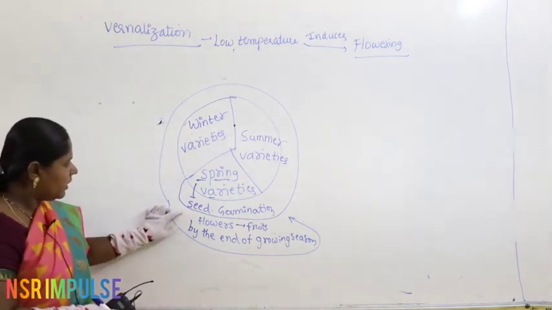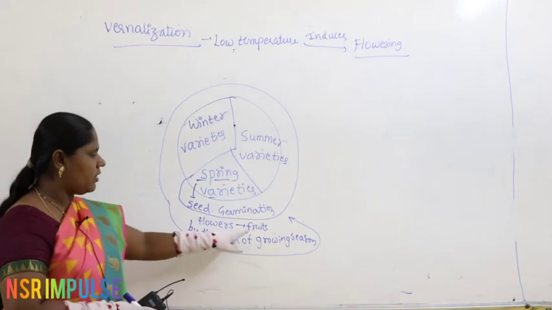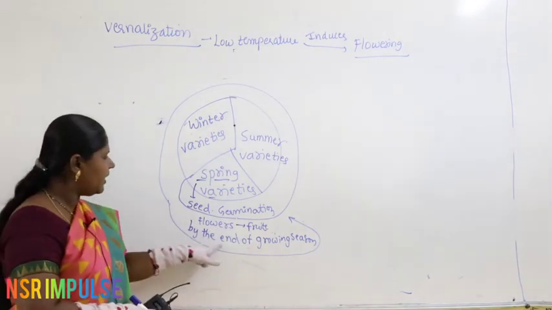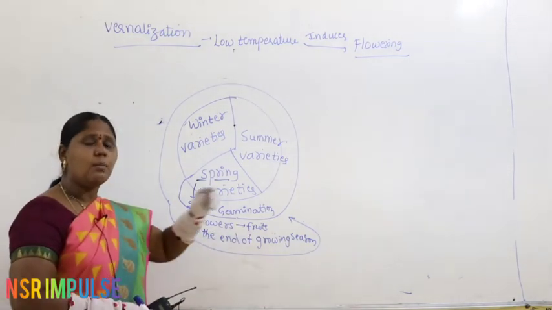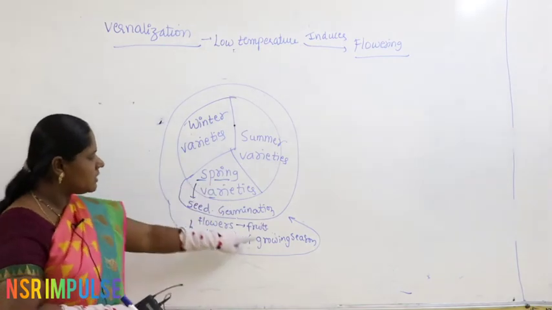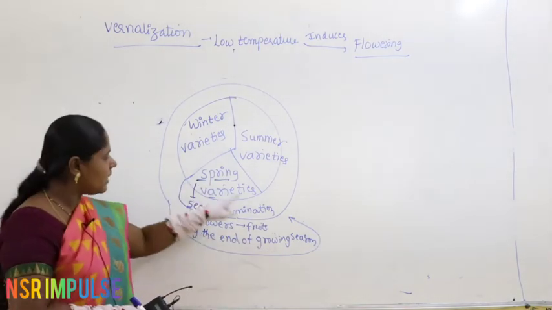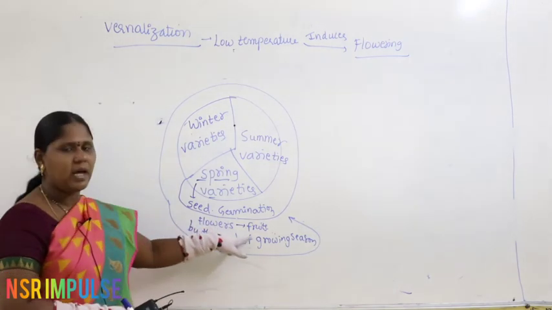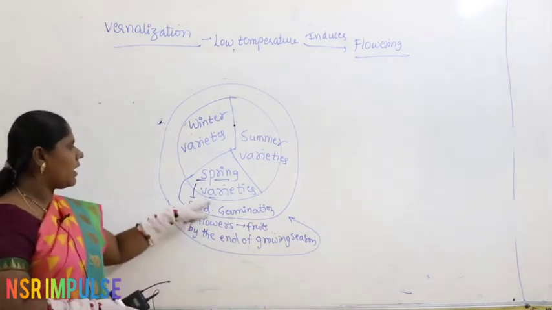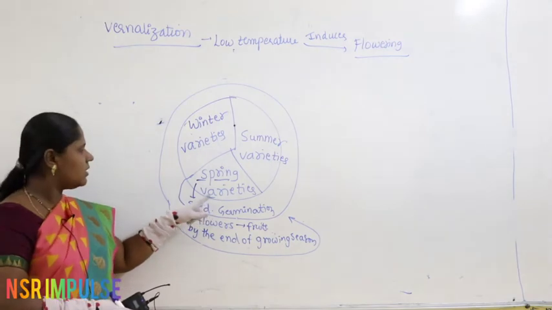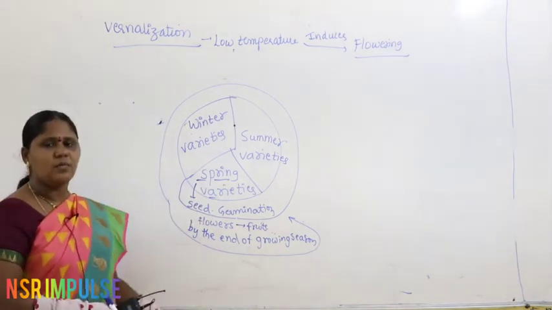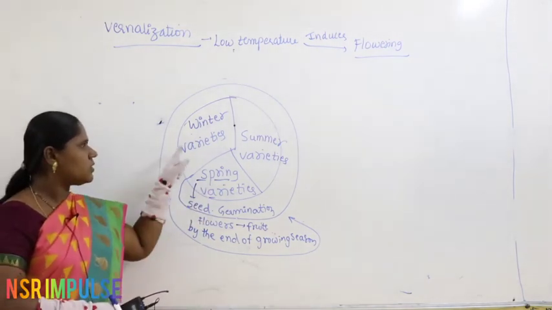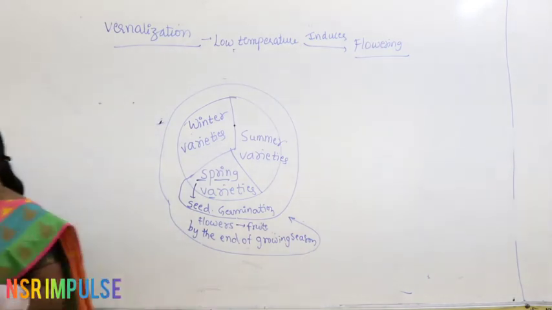Then it gives flowers, and fruits will come by the end of growing season. By the end of next year's spring season, you can see flowers and fruits. They are called spring varieties.